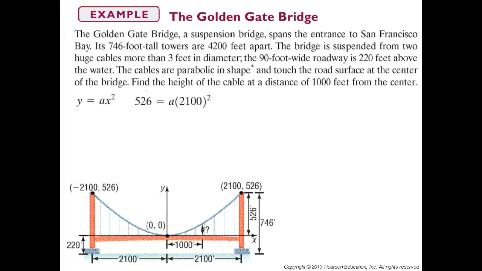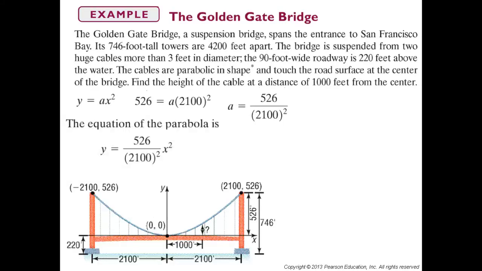Okay, so taking an ordered pair and plugging it in for x and y, and then that'll give us a once we solve it. So we divide by 2100 squared. That's a big number. You can do that with the calculator there. So this is the equation. So instead of writing out that big long decimal there, we just left it as that fraction. Understand that it's a big long decimal there. Okay, that's a. That's our equation.